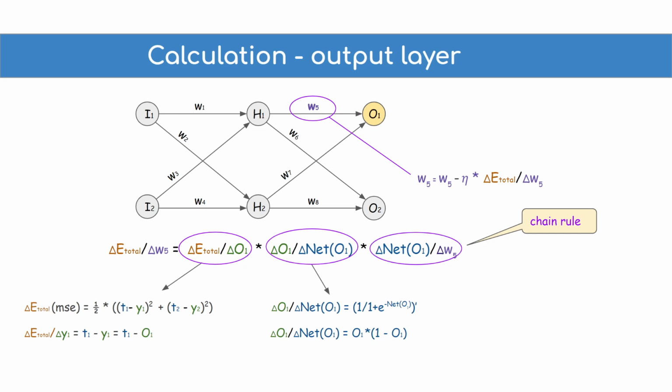And the last but also important fraction of this equation is the derivative of the net value with respect to change of the weight. As the net value is a sum of the multiplication of input values from the previous layer and specific weights, if we are doing the derivative with respect to W5, we end up just with the H1 value, which is also very simple.